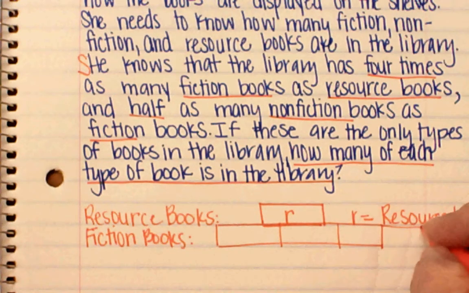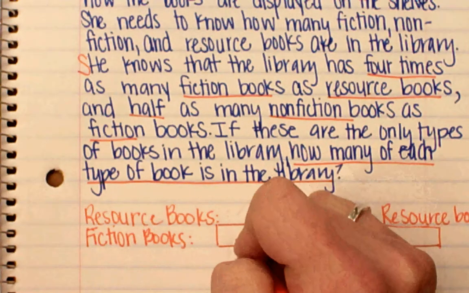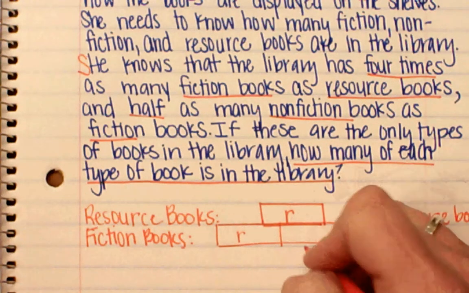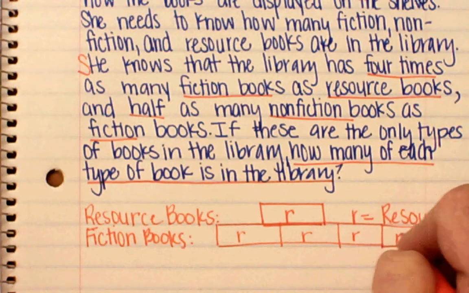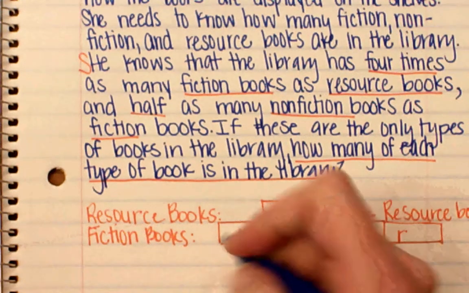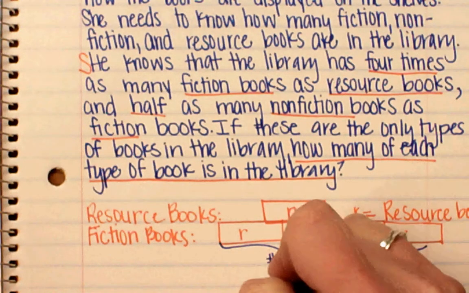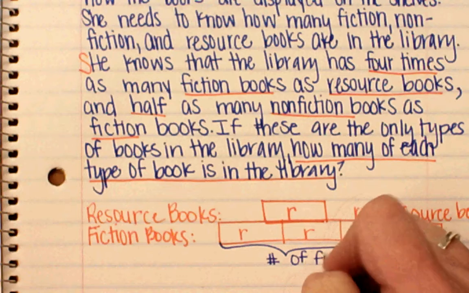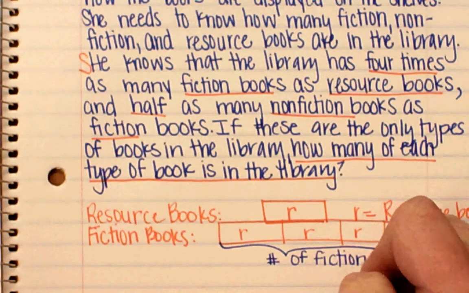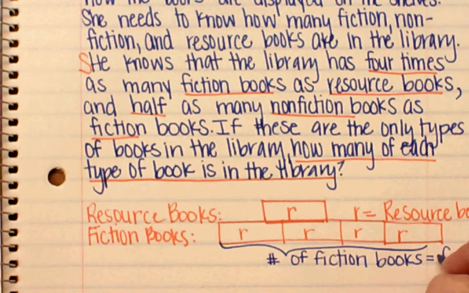Sorry, they're not perfect size. And each of the pieces is R, but when they're all smushed together, they equal the number of fiction books, which we're going to let stand for the letter F.